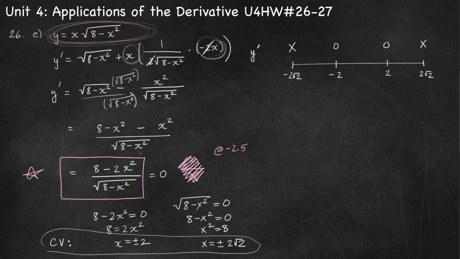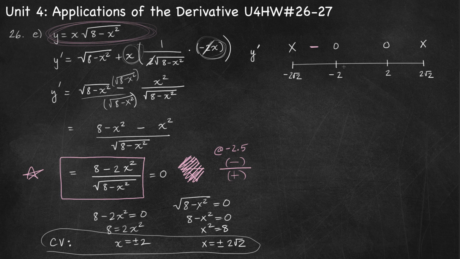Negative 2.5 squared, that gives me negative 4.5. So I have a negative value divided by, and then in the denominator, I have the square root of 8 minus negative 2.5 squared. That's a positive value. So negative divided by positive is negative.